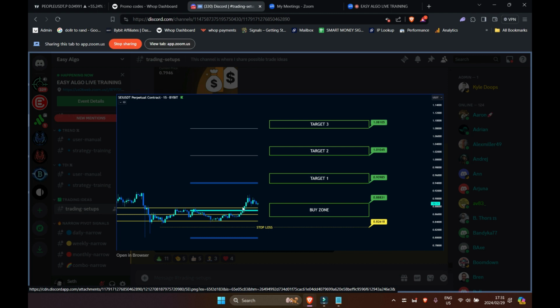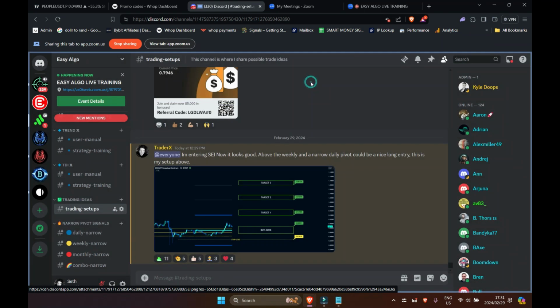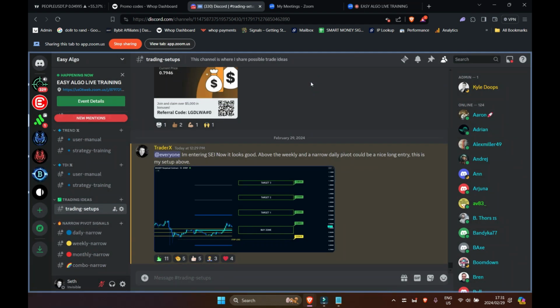If it gets onto a weekly grid and it's on a super tight daily, I mean, this weekly is not super wide, but because this daily is super narrow, and this also looks like it's breaking out. I also ran this through a bunch of guys at Crypto Banter, and they said it was also a very good trade, fundamentally. So yeah, guys, I will be posting more in here as well.